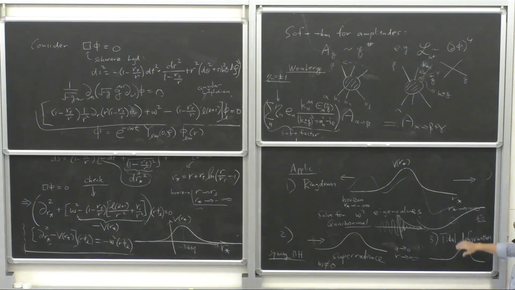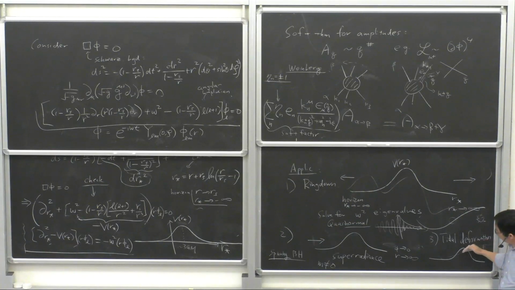You can ask a similar question. Does this tidal field distort the black hole? How would the black hole respond to a tidal field? And to answer that question, you solve the same equation. You look at that equation, you impose now far away, you have this tidal field. So this is your gravitational perturbation, I'm just going to call it phi.